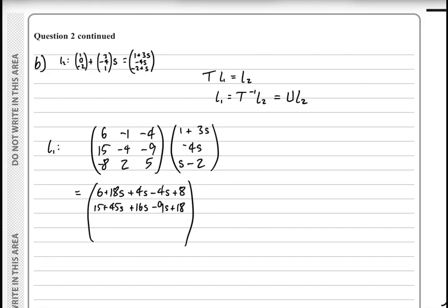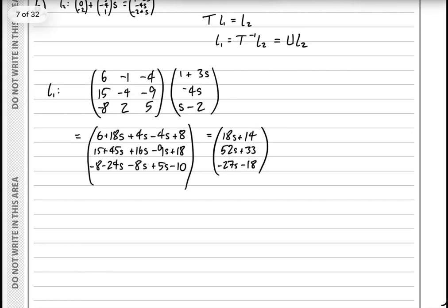Third row, minus 8 minus 24s minus 8s plus 5s minus 10. That gives us 18s plus 14 here, 52s plus 33, minus 27s minus 18.